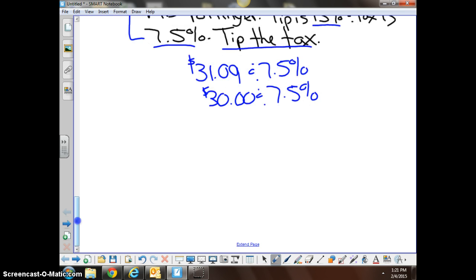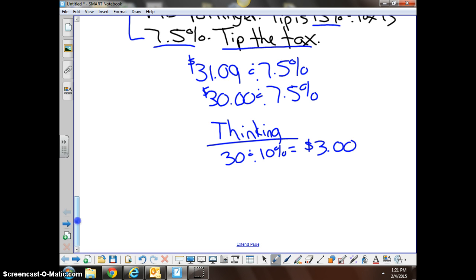So I have $30 at 7.5%. I know that 10% of $30 is what? 3. So here is my thinking. When I add these together, I have got 30 and 10%, which equals what? Everybody? $3, right? Is my tax going to be $3? No, because 7.5% is a quarter less than that.